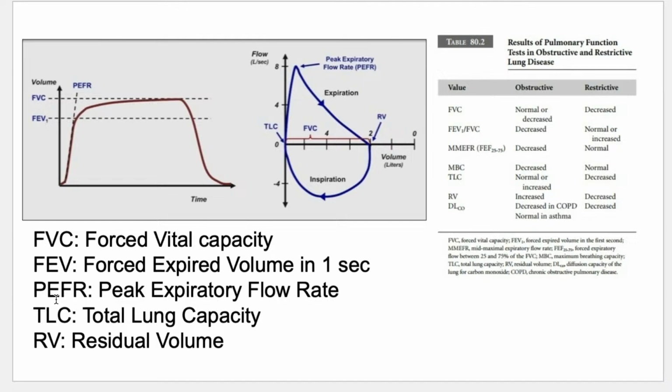So the TLC is total lung capacity, as we know, and the residual volume is how much is left after a normal expiration.